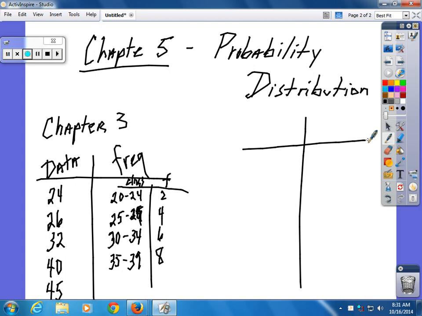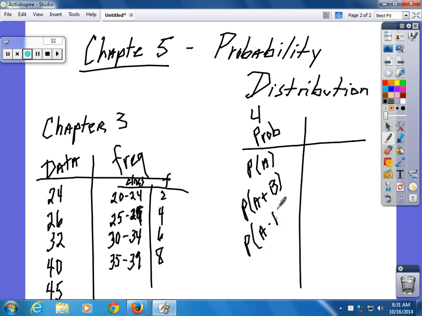Only this time, in chapter 4, we had probabilities. You know, we did the probability of A, and then we did the probability of A plus B, and the probability of A times B, and we did counting with factorial.